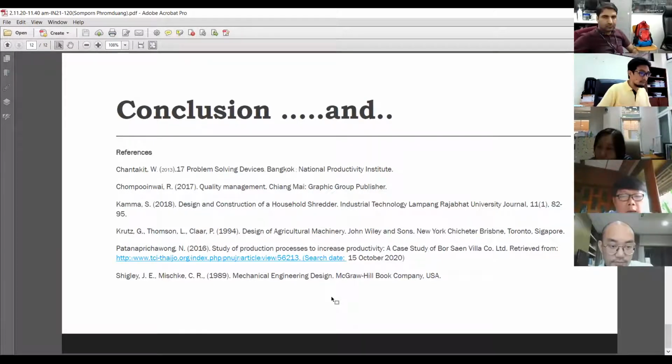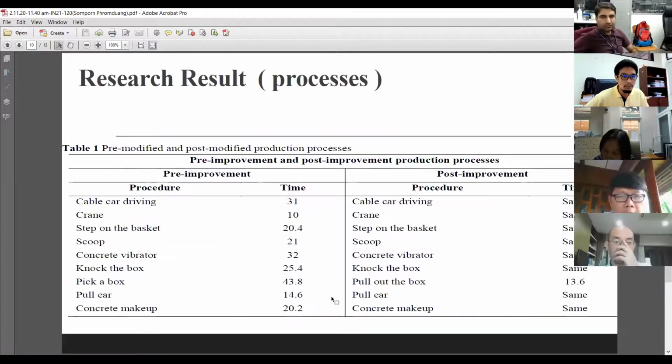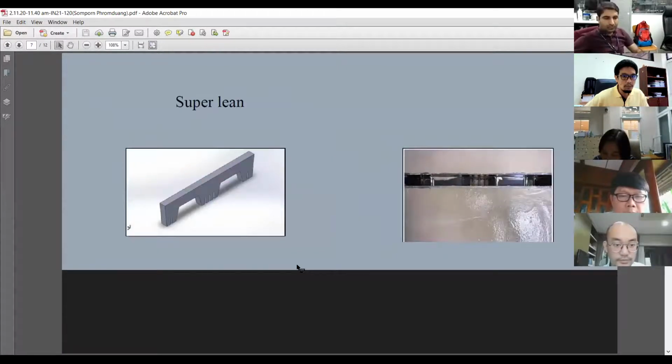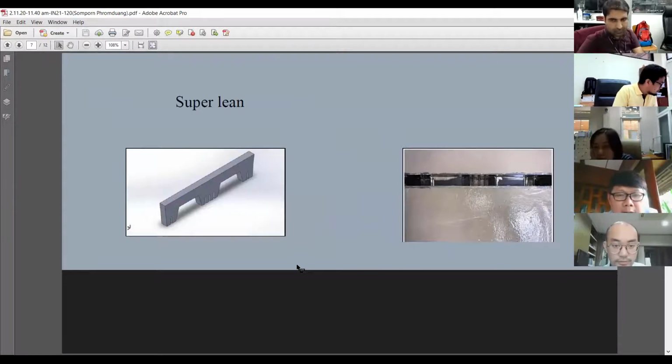I designed multiple types of the mortar box, and I used ECRS to help solve the weak problems from each design we developed. We develop it better by the ECRS technique, like eliminate and so on.